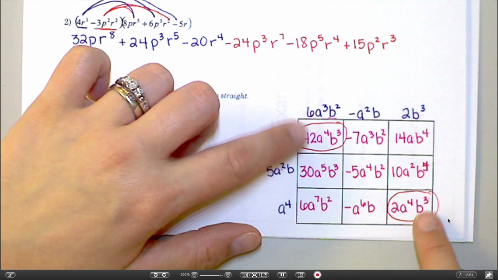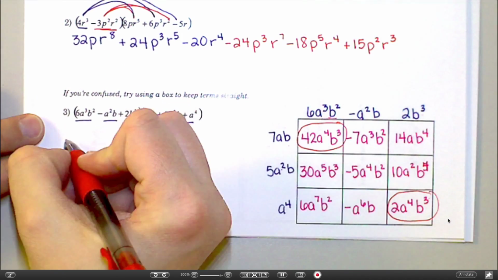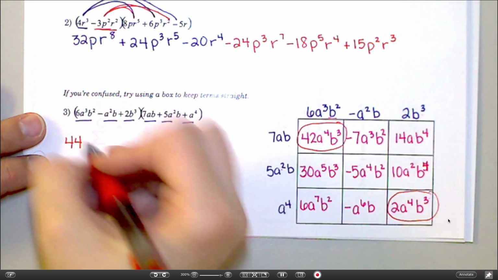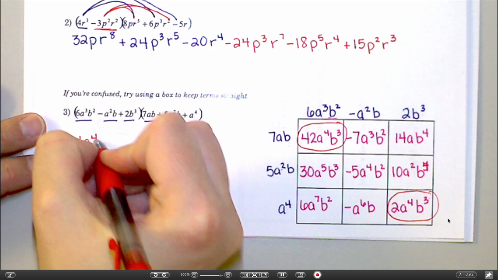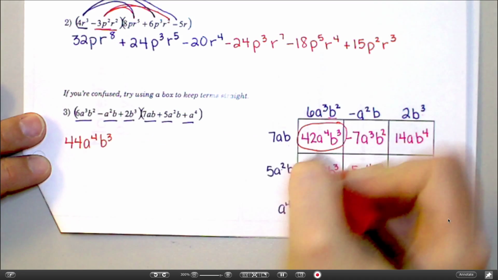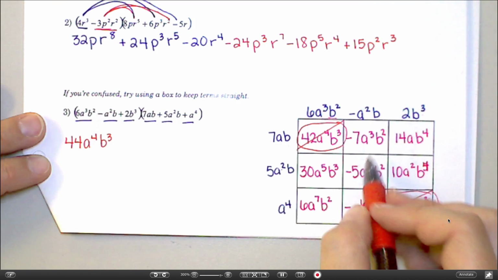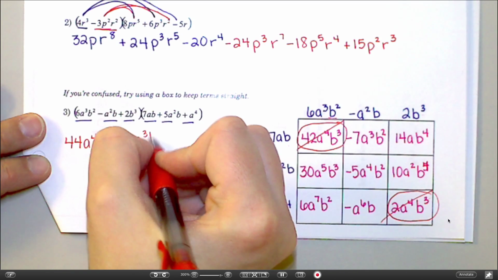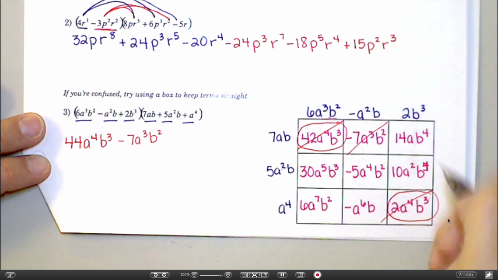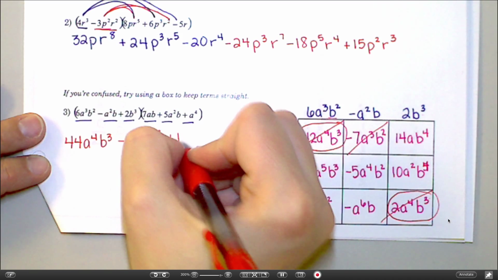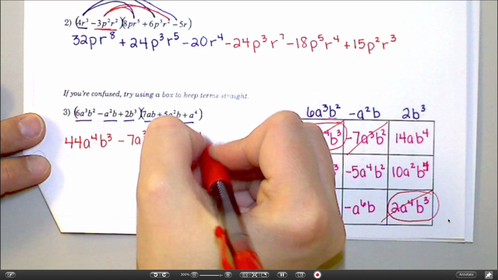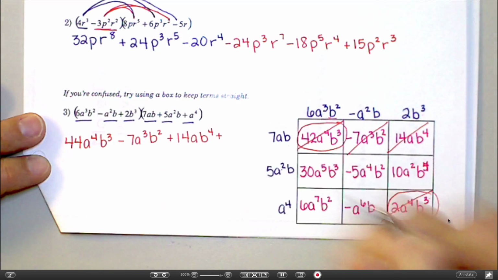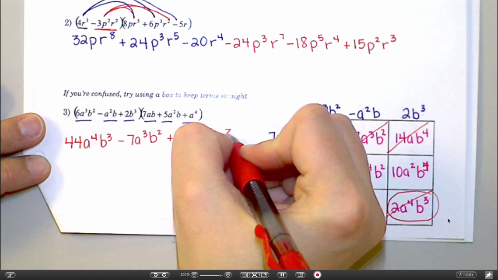So I'm going to go ahead and combine these two. That's going to make 44 a to the 4th, b to the 3rd. Okay. Then I would go negative 7a to the 3rd, b squared, 14ab to the 4th, 30 a to the 5th b cubed.